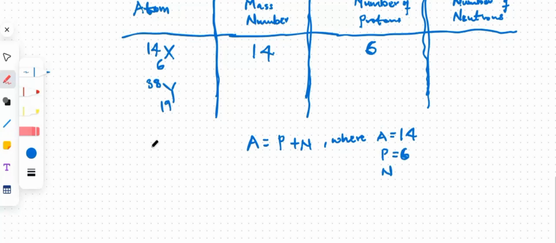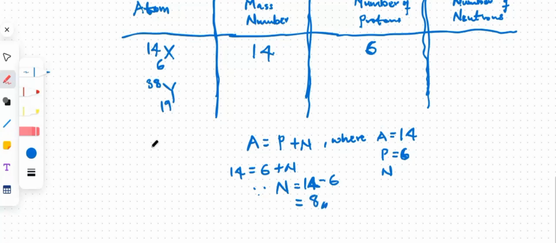So now, 14 is equal to 6 plus N. Therefore, N is equal to 14 minus 6, which is equal to 8.